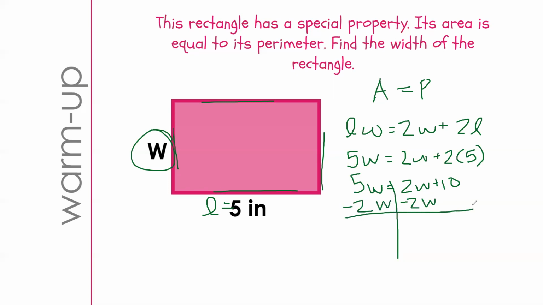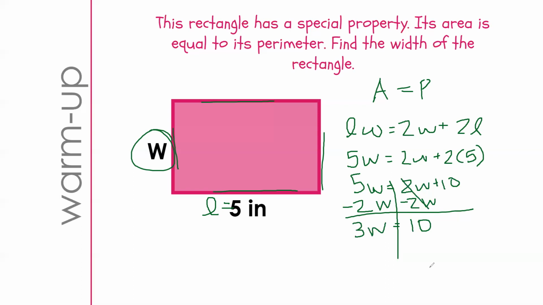To move it, I have to either choose addition or subtraction, since I'm moving that entire thing. Since this is a positive 2, I chose my subtraction. And so that gets rid of that because 2 minus 2 is going to give me a 0. So I don't have any W's over there, so I'm going to bring down the 10 on that right side. On the left side, I've got 5 minus 2, which gives me a 3, and I keep my W.